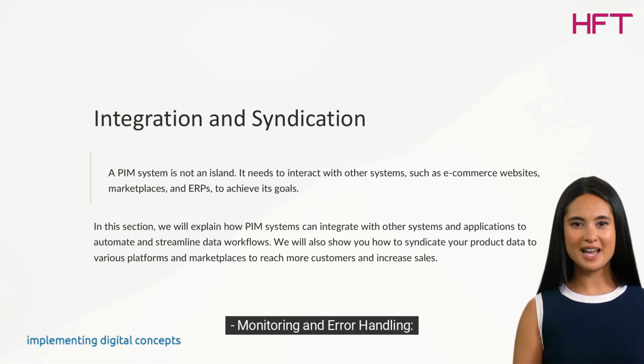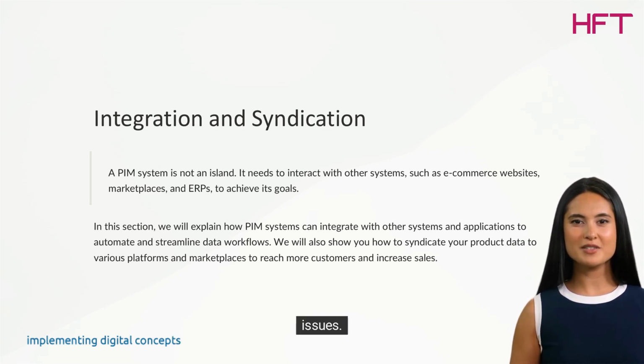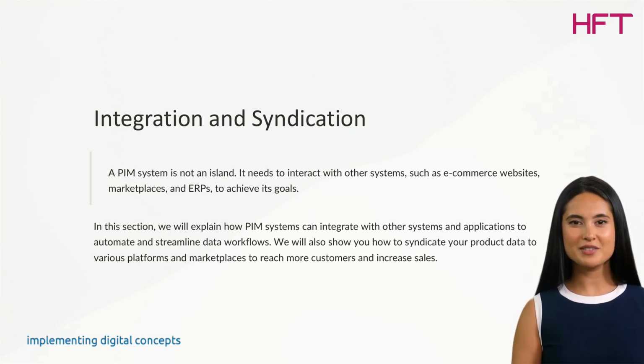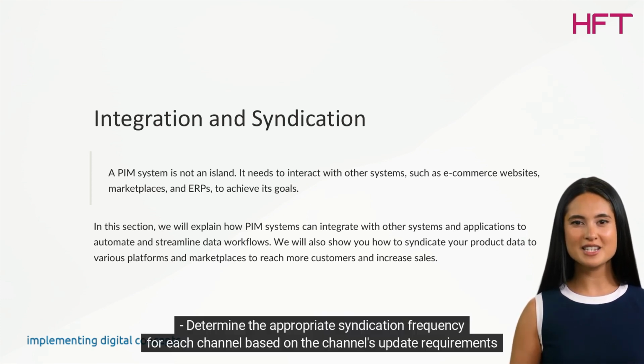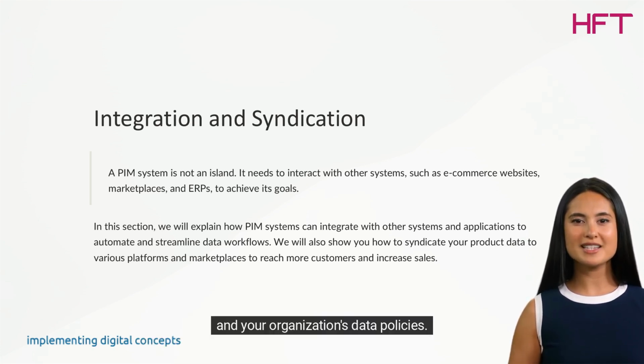Monitoring and error handling. Implement monitoring mechanisms to track the status of syndication processes and identify any errors or issues. Understand best practices for handling errors and exceptions during syndication. Syndication frequency. Determine the appropriate syndication frequency for each channel based on the channel's update requirements and your organization's data policies.